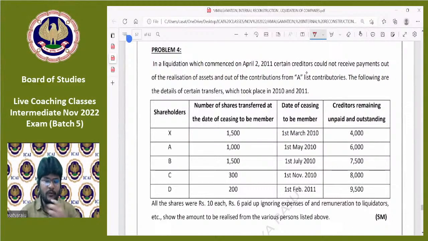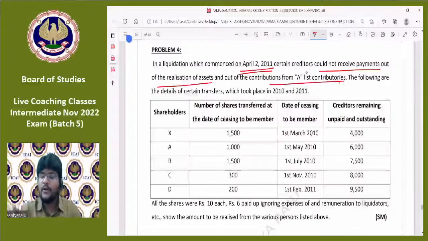Let me continue with problem number 4. In a liquidation which commenced on April 2nd, 2011, certain creditors could not receive the payments out of the realization of assets and out of the contributions from A-list contributories as well. The following are the details of certain transfers which took place in 2010 and 2011.